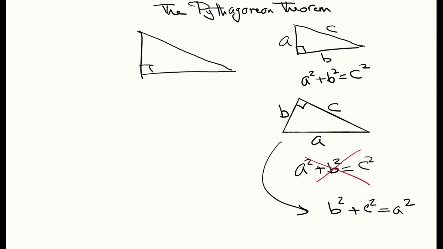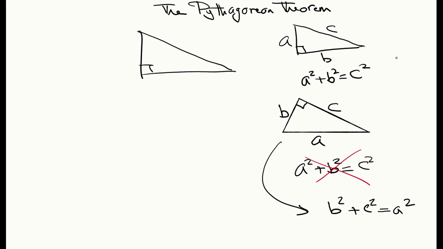So the way that I like to represent the Pythagorean theorem to you is this way. It'll be safer. Remember, the two sides of a right triangle that form the right angle are called the legs. This other side is called the hypotenuse.